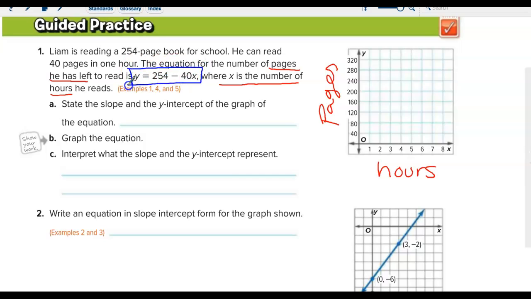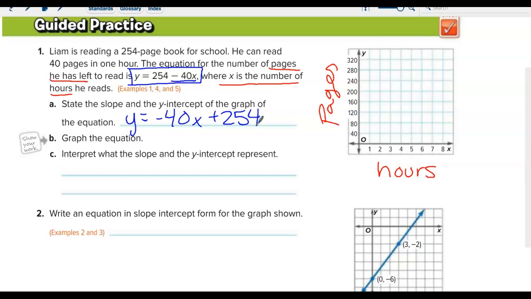Is that in our typical y equals mx plus b form? No. How do I get it to it? Flip around. Okay, so I can just rewrite it as y equals negative 40x plus 254. I think I told you that yesterday.